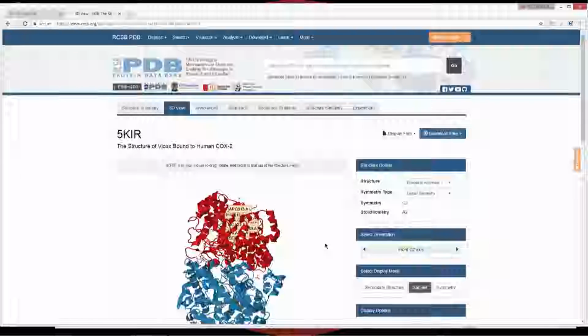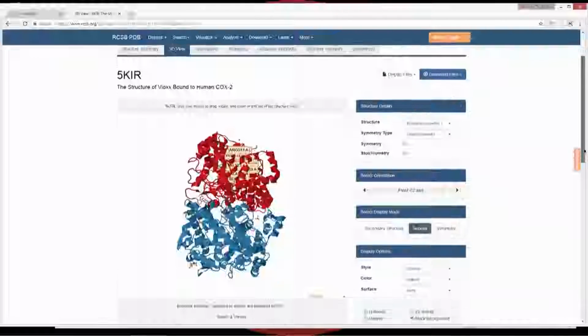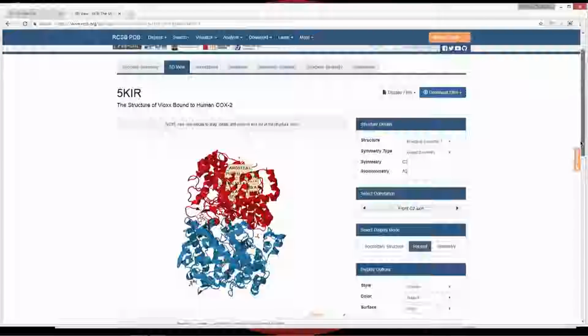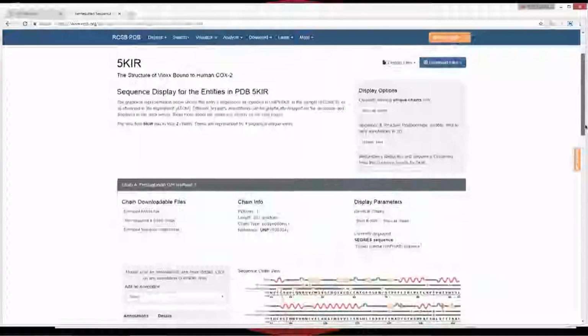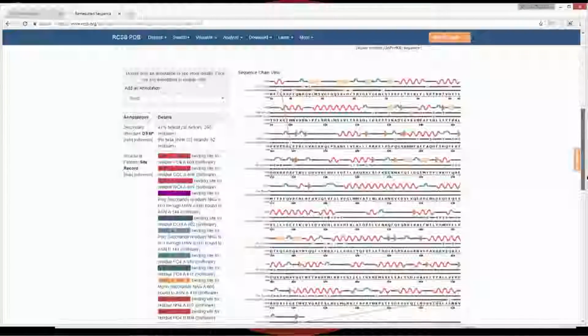So, PDB is quite a useful protein data bank. It contains a large number of proteins. It also gives you the sequence of the amino acids. Here is the sequence display for the entity in PDB 5KIR. As you can see here, it gives you the sequence of this.